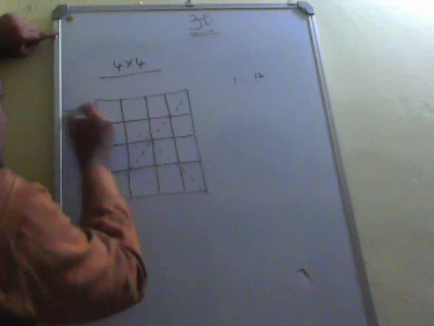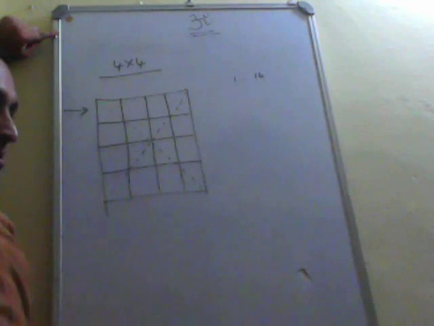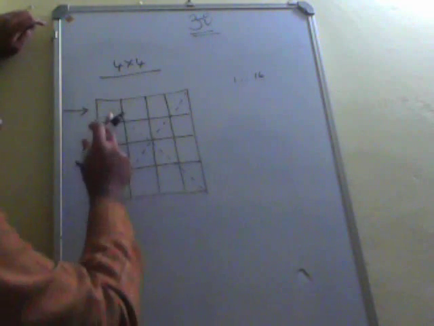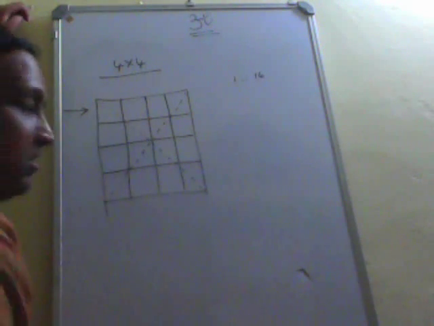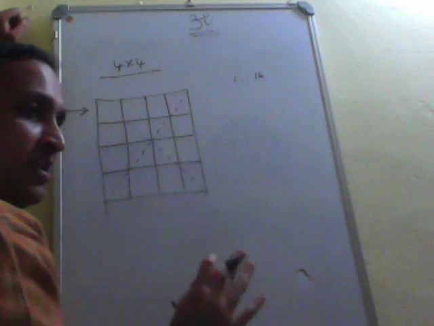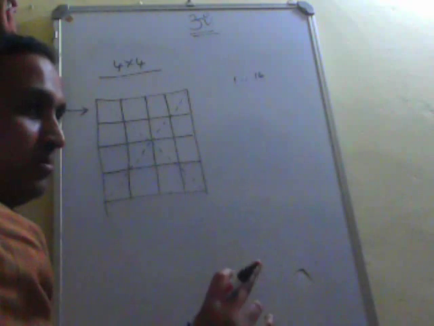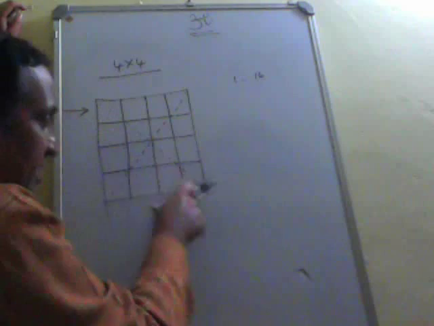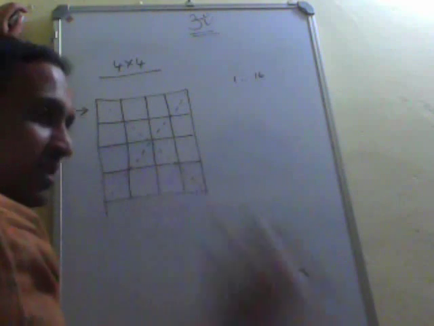Start from any one side. Let us say you start from this side. Start writing the numbers, and wherever the diagonal is there in that box, skip that number.